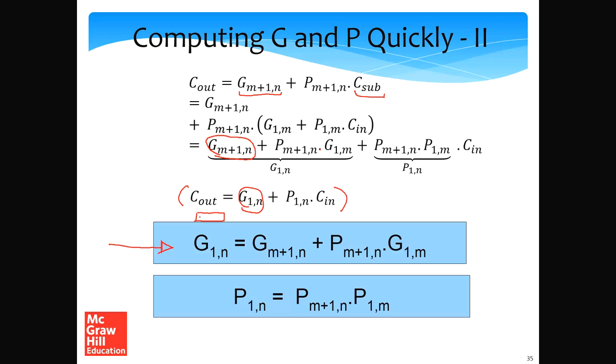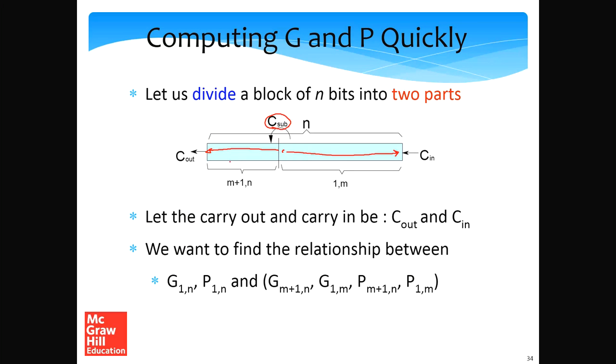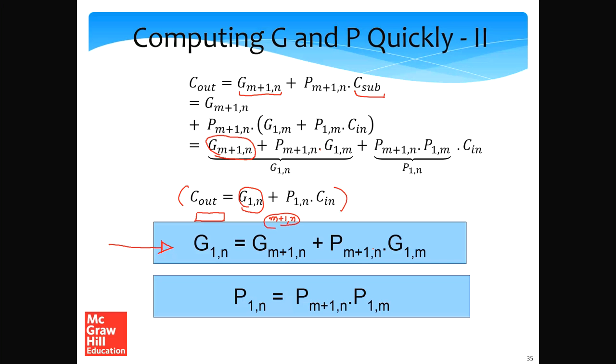It will generate a carry if the bits from m plus 1 to n, the rightmost subblock, are generating a carry, or if this subblock from the last n minus m bits is propagating and the other subblock consisting of the first m bits is generating a carry. So that is pretty much the two ways in which a carry can be generated from the n bit block.